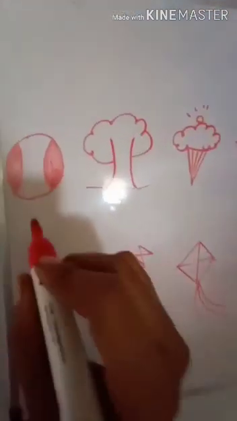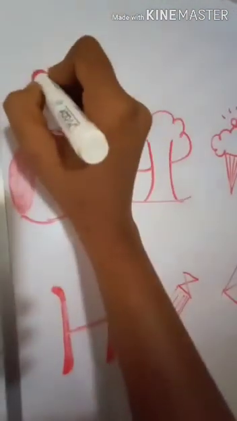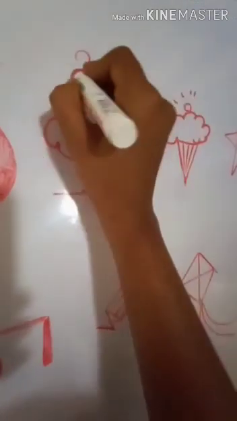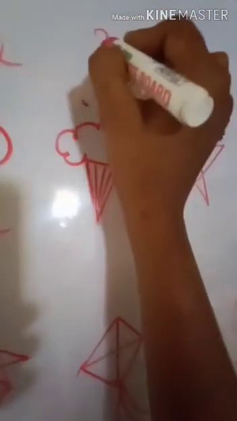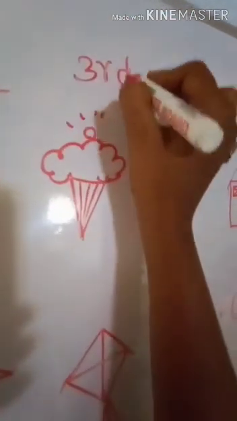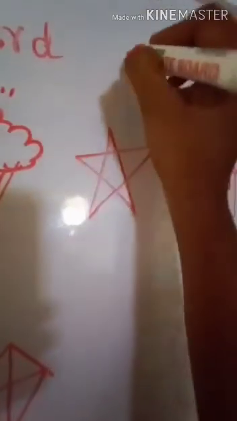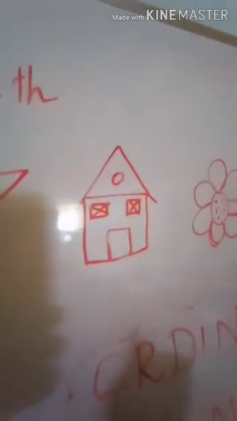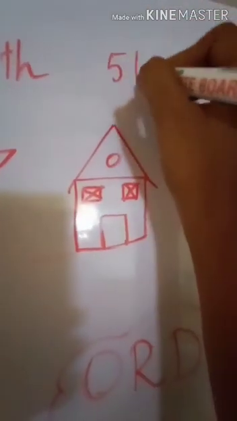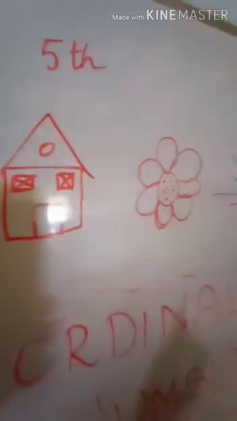First, you can see the ball. The ball is in the first place. Tree is in the second place. Ice cream is in the third place. Star is in the fourth place. House is in the fifth place.